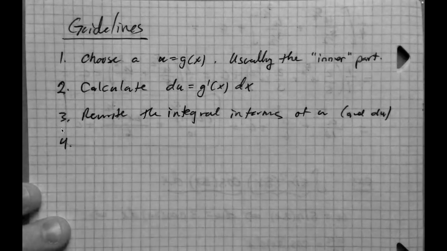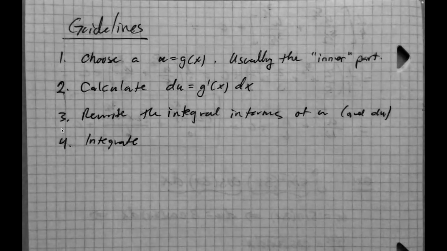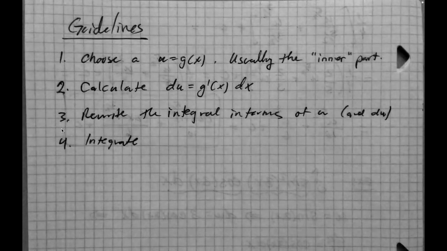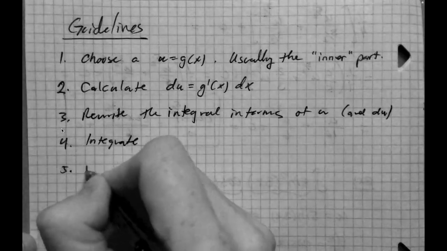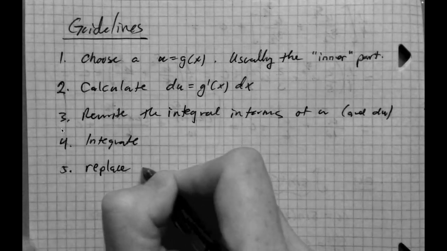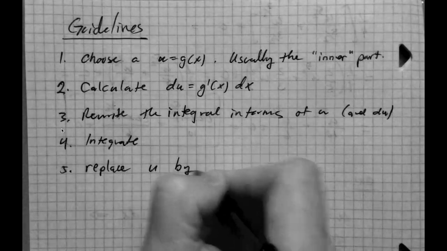Then you want to integrate the integral in terms of u, so integrate across those u variables, and then obviously replace u with g of x in the end.